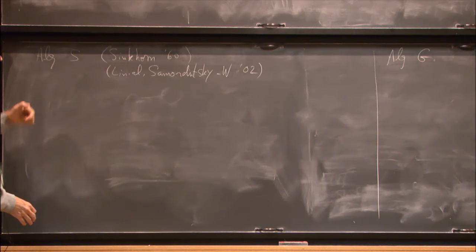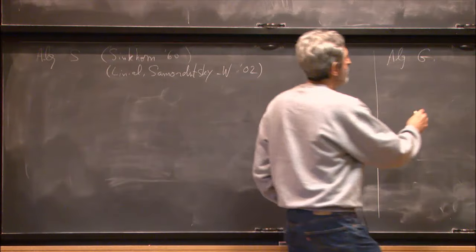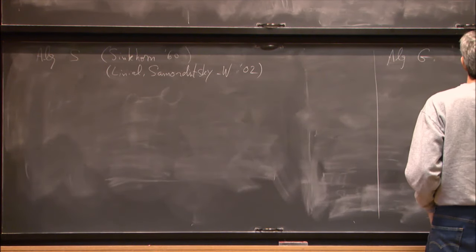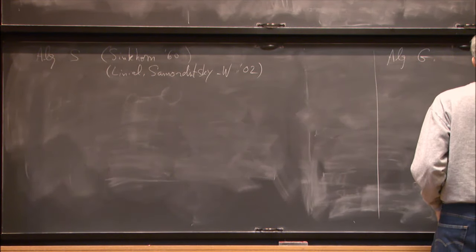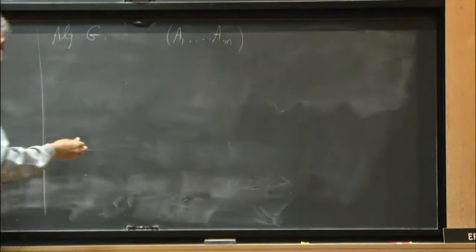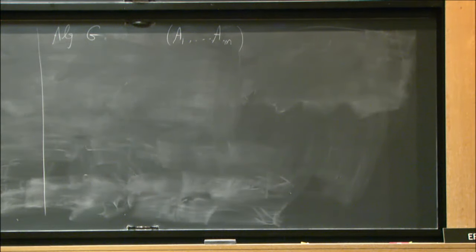So let me tell you about Sinkhorn's algorithm. Here the input is just one matrix, A, and in fact it's a positive matrix.